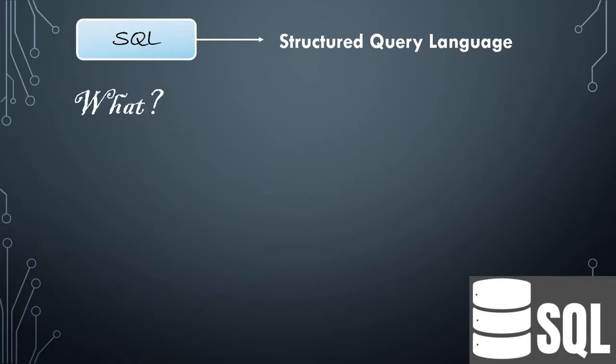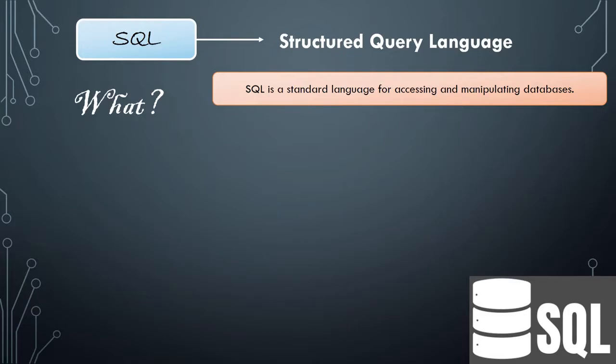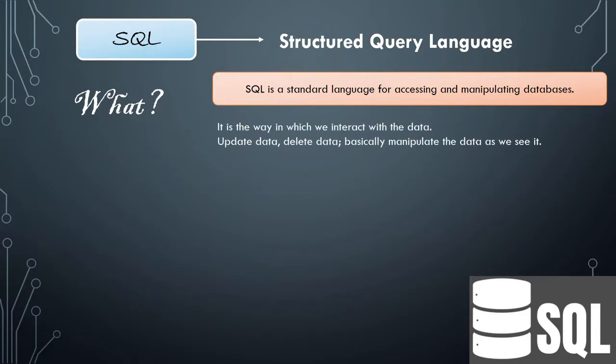Now what is SQL? Basically SQL is a standard language for accessing and manipulating databases. It is the way in which we interact with the data. As I told you earlier, language is a kind of medium by which we are able to express our views.